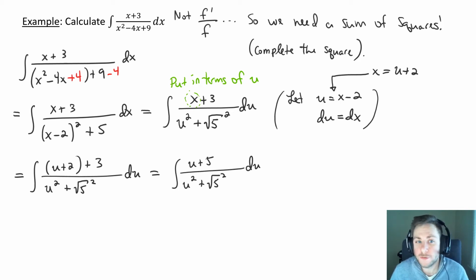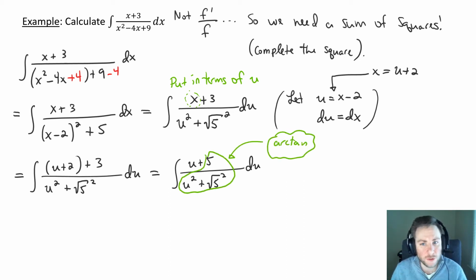After going through so many details, don't forget what we were trying to do in the first place. We were trying to form a sum of squares so that we could make use of inverse trig formulas. And at this point, we can see the arctan formula could be used if the numerator were just a constant. So that motivates us to break up our fraction at this stage.